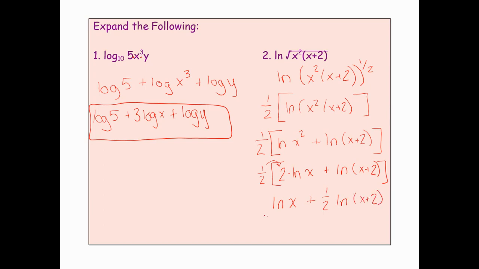Now you do not want to make this the radical again, because we're trying to expand it. We do simplify when you can, like obviously 1/2 times 2. But when you distribute it here, we're not going to raise it again because that's condensing. So this would be your final answer.